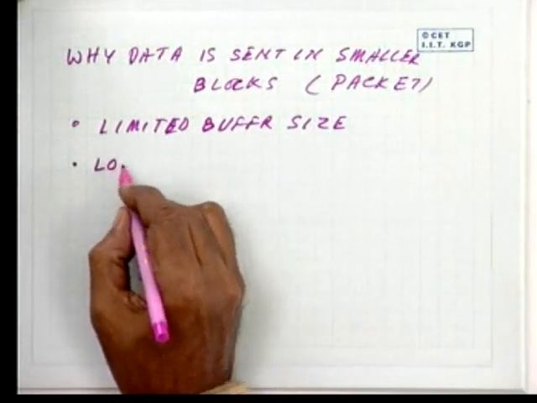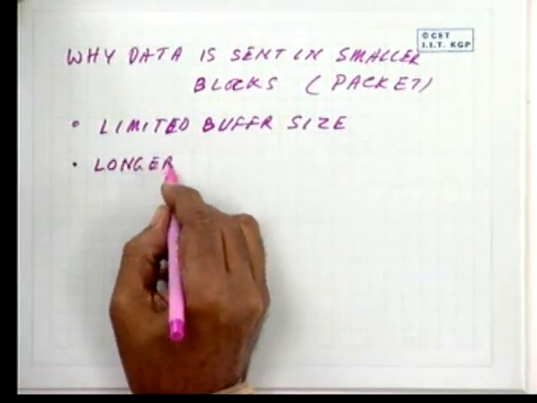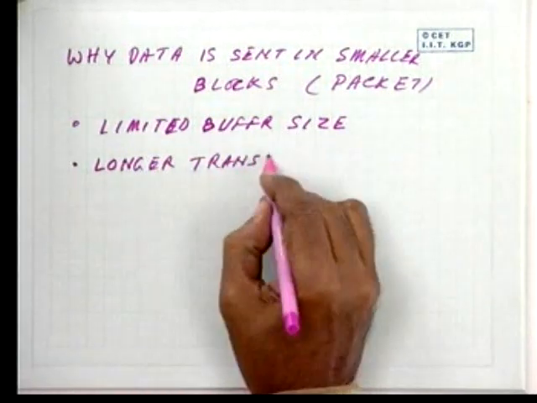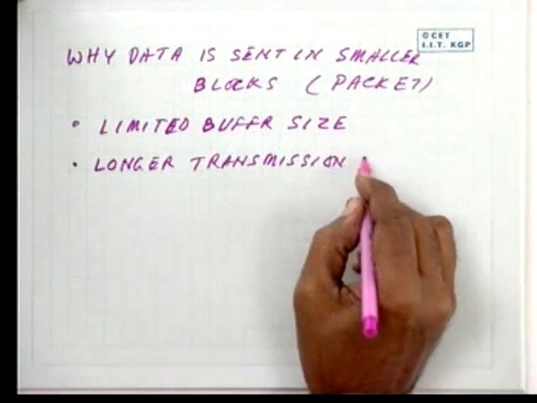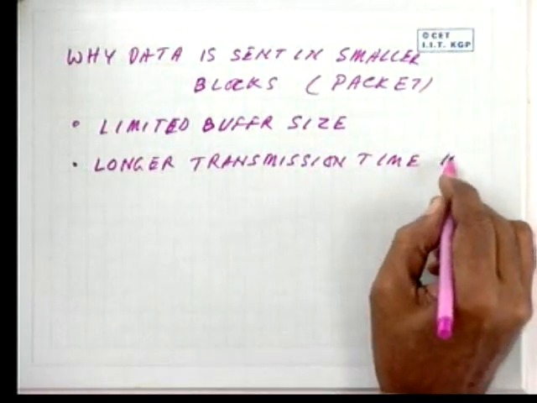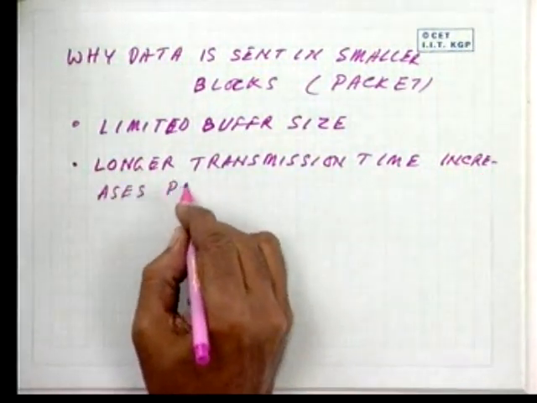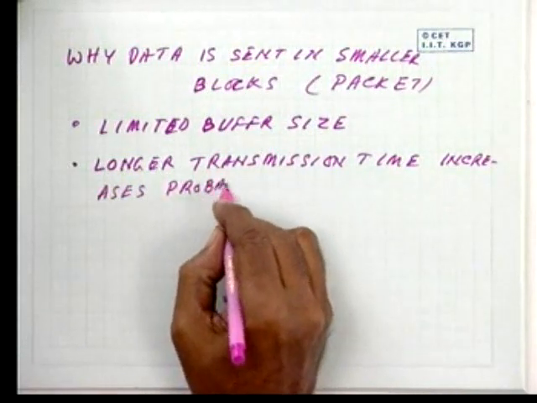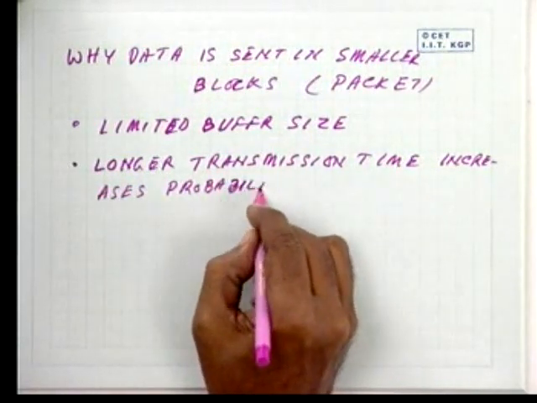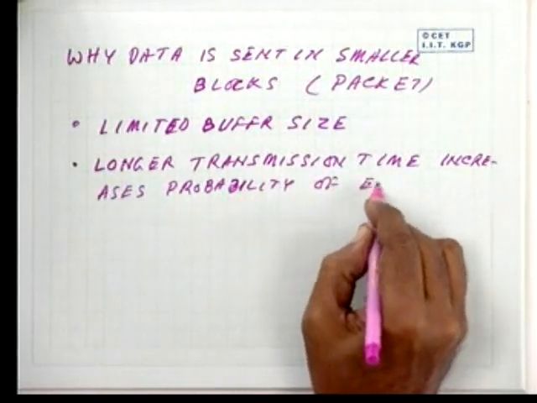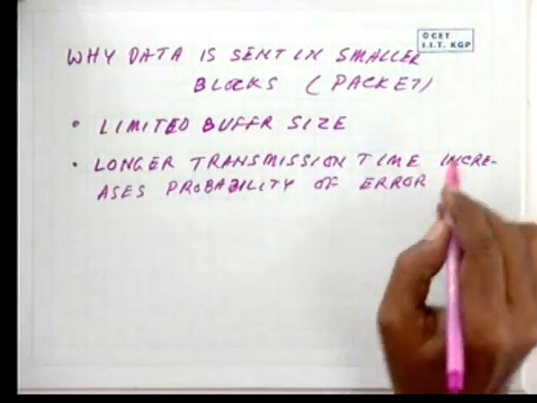Second, longer transmission time increases the probability of error. We have already seen that the probability of error is related to the size of data. As the size of data increases, the probability of error increases.